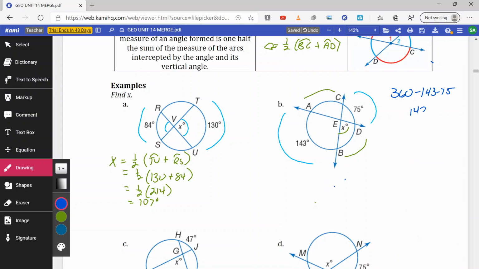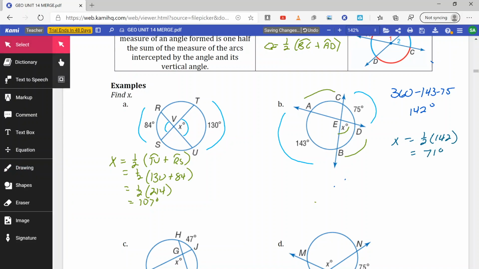So that means arcs AC plus BD end up adding to be 142. To find x, it's going to be half of that measure, which ends up being 71 degrees.